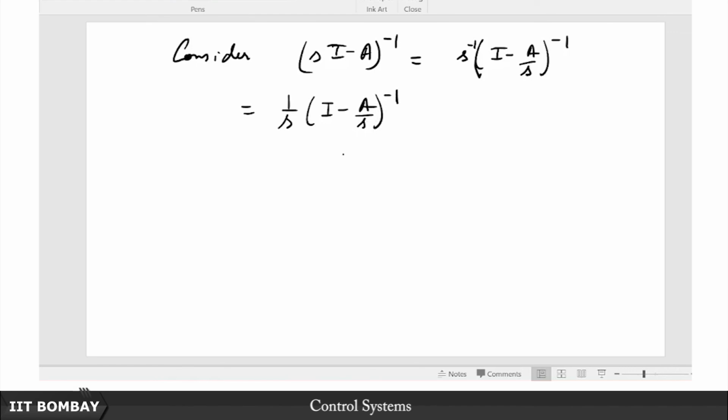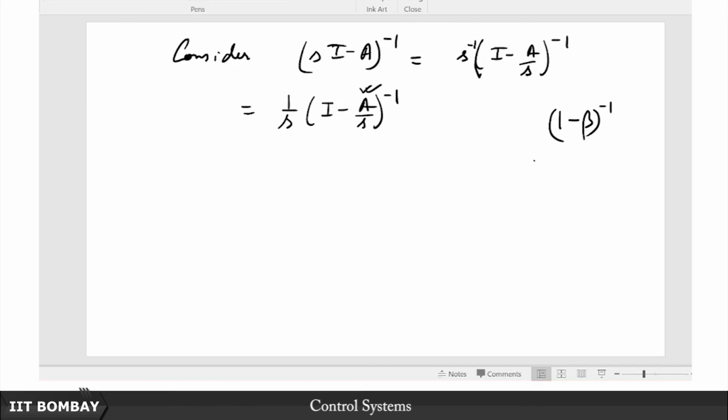So now at this point I am going to make a claim which the more mathematically inclined among you might find a little difficult to reconcile with. I agree that this is a matrix, but think of the expansion of the series (1 minus beta) inverse.